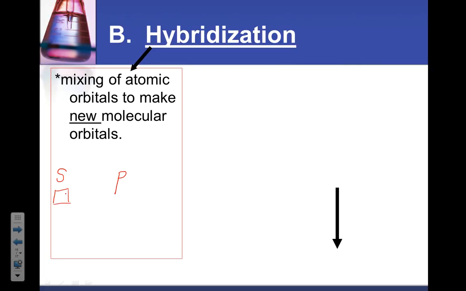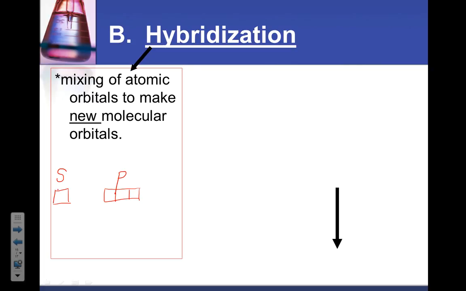We said it had one orientation, so we drew a box to represent a subshell or one orientation. And if you recall, the p orbitals had three subshells or three orientations, so we drew three boxes for the p orbitals. The d's had five and the f's had seven. We're going to focus on our s and p's now, as I said earlier.